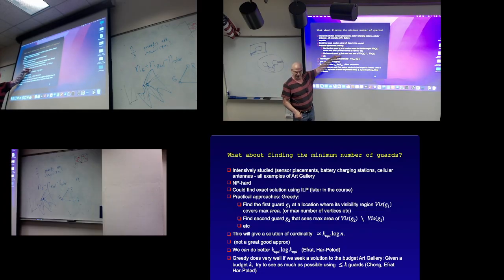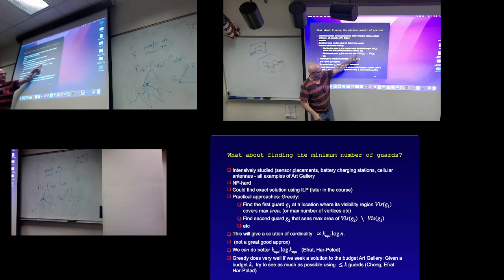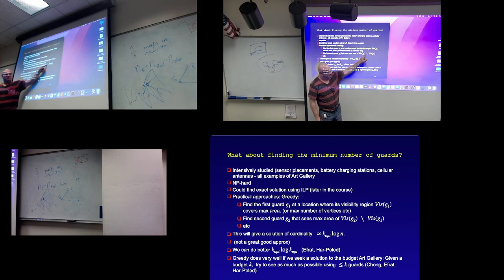Where should I place a second guard? It should be placed so it maximizes the area of, what's written in here? V of G2 minus V of G1. Somebody can translate to English. Set difference. It'd be basically maximizing the amount that the second guard sees and the first guard isn't already seeing.